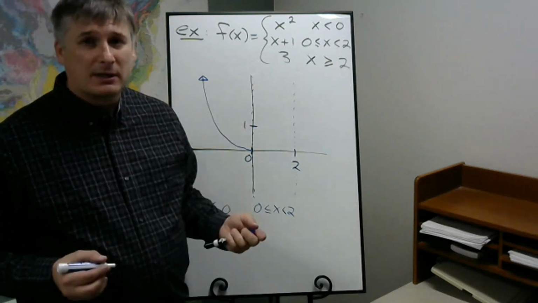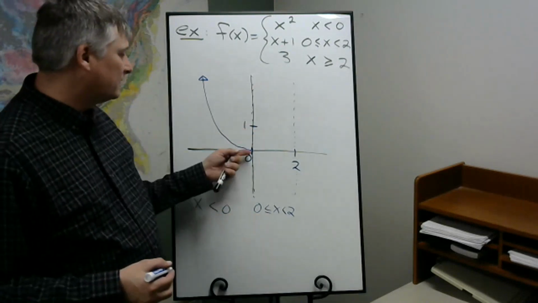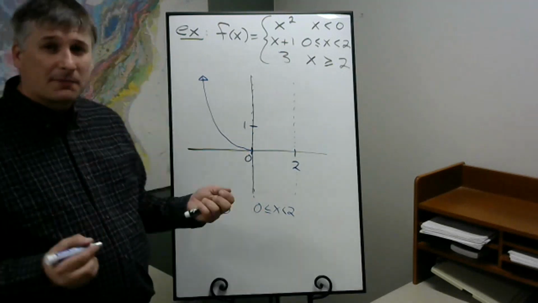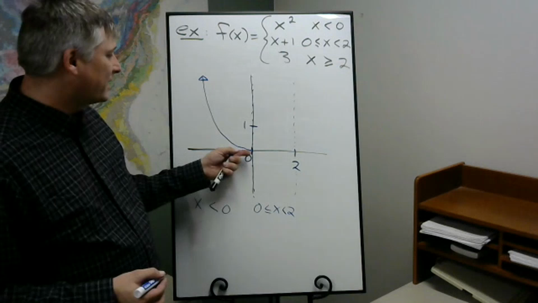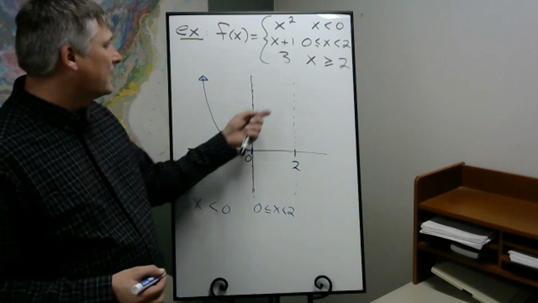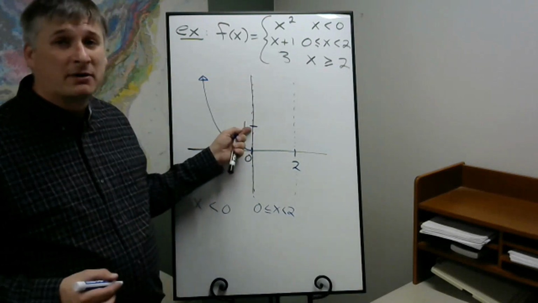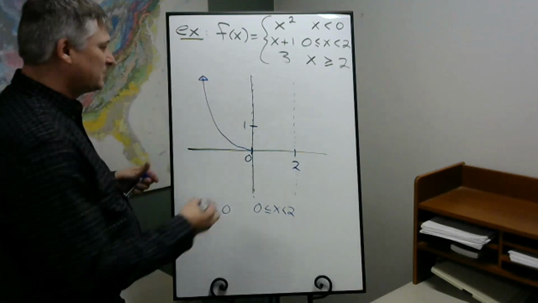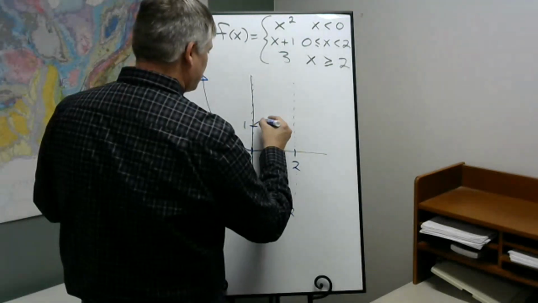Now, there's something else we want to keep in mind too, is should we have a closed dot or an open dot, and we'll get to that. But to start the second phase, we're going to start at x is 0, and we're going to have a y value of 1. Now, x plus 1 does something sort of like this.